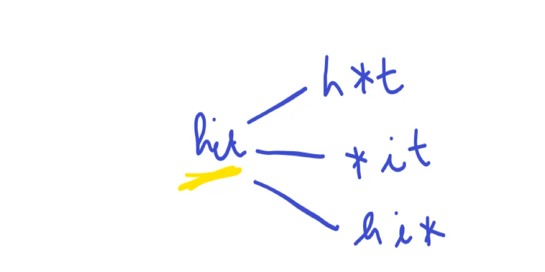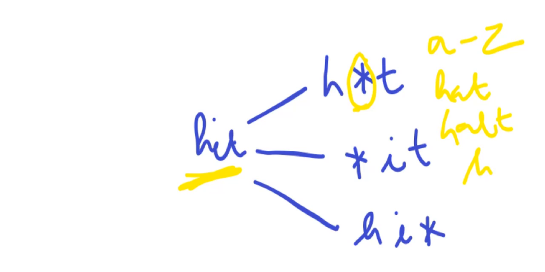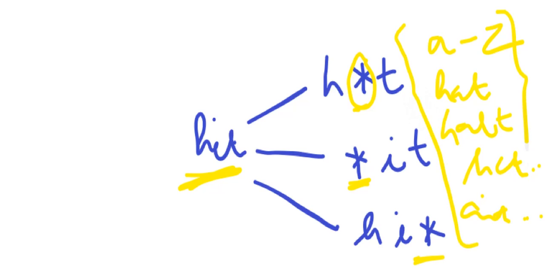The neighboring strings for hit can be anything obtained by replacing characters with A to Z. For example, we remove I here and it can be replaced with any character from A to Z, for example hat or HBT or HCT and so on. The same way, H can be replaced by any character, like AIT, BIT, etc. Similarly, T can be replaced with any character.